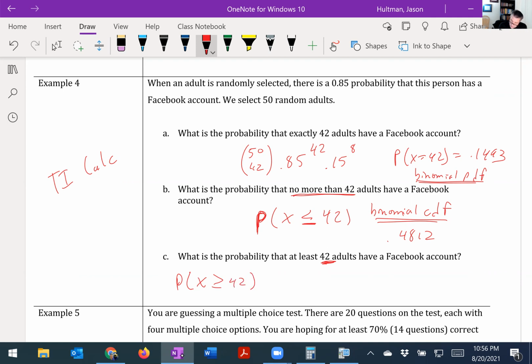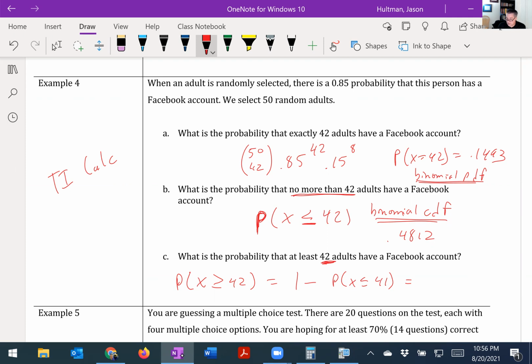But we want a less than or equal to symbol here. So we have to think about this in terms of the complement of everything below 42. Well, what's everything below 42? That's 0 to 41. So this is the probability of X is less than or equal to 41. So we just have to calculate the probability X is less than or equal to 41.